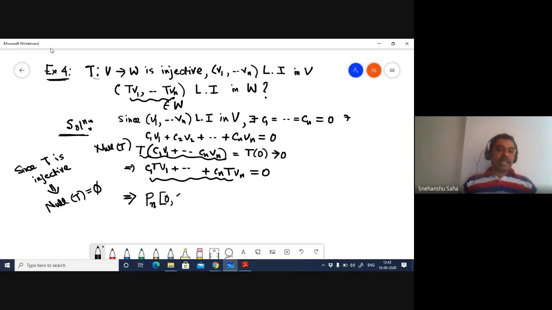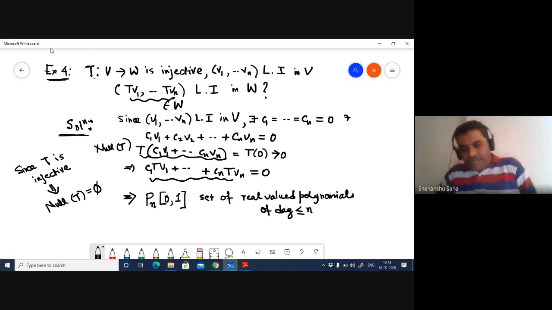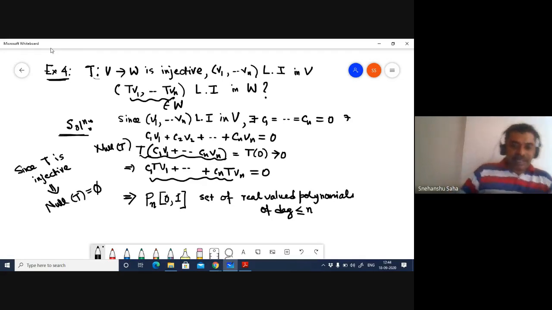This is nothing but the set of all real valued polynomials of degree less than or equal to n. You can choose the value of n and adjust your vector space. This is also a vector space, right?